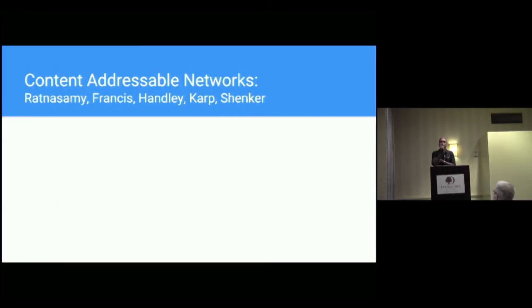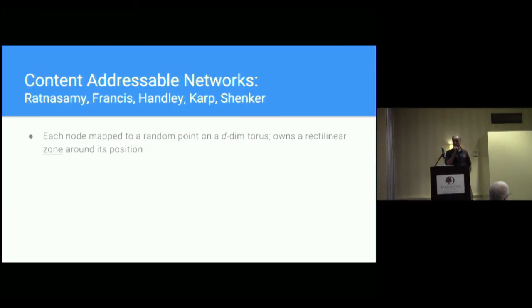And so the solution that I'm going to describe to you is the work of Ratnasamy, Francis, Handley, Karp, and Shenker. And according to the paper, they were inspired by Napster. So these are things called content addressable networks. So what was their idea? What they said was, let's envision a d-dimensional torus.